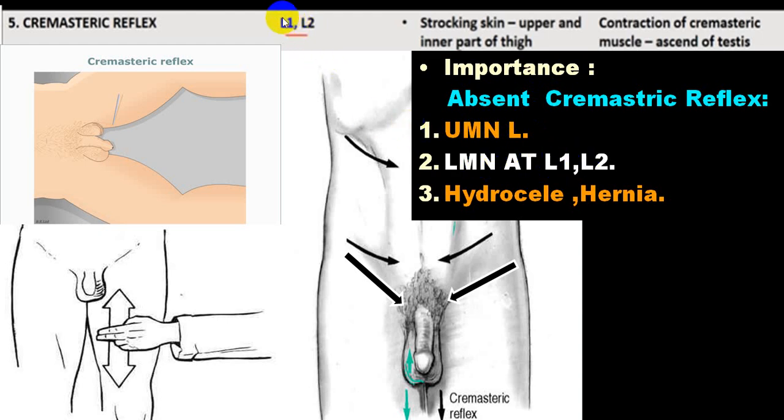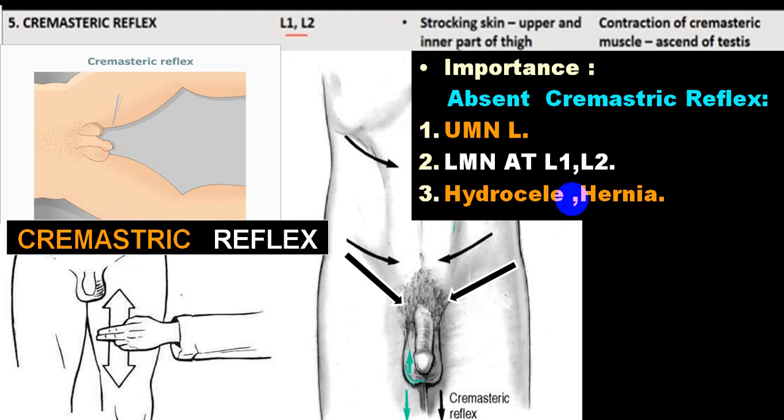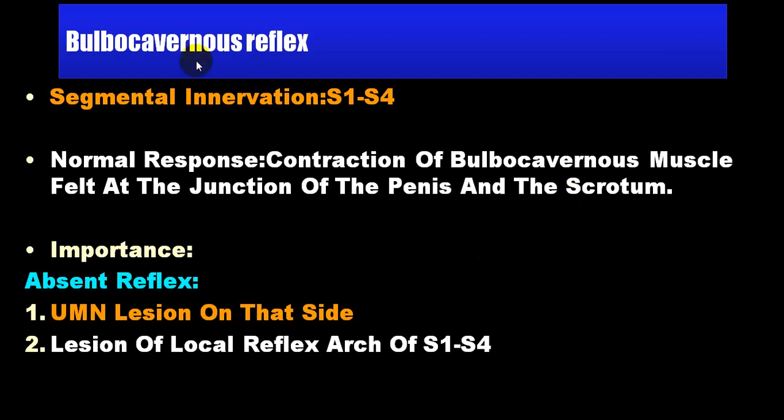So lower motor neuron damage at the level of lumbar 1, lumbar 2 will produce absent cremastic reflex. And in a condition where you get disorders of scrotum like huge hydrocele, inguinal hernia, etc., cremastic reflex will be difficult to elicit, and you will have to look for that while eliciting. That is regarding cremastic reflex.